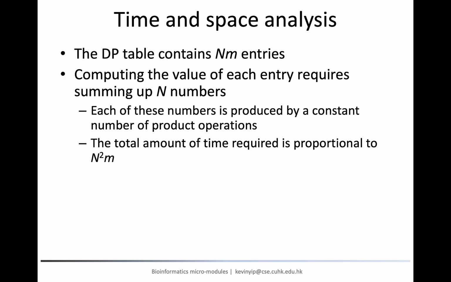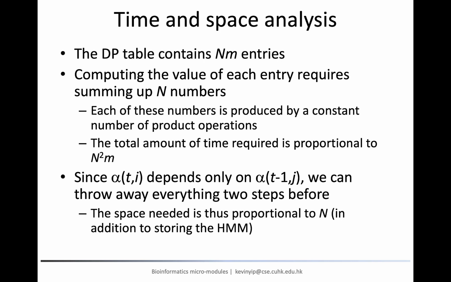Therefore, the time needed to compute each table entry is order n, and thus the whole forward algorithm requires order n squared m time. If we take the number of states as a predefined constant, the algorithm has a linear time complexity with respect to the length of the input, which is the observation sequence.